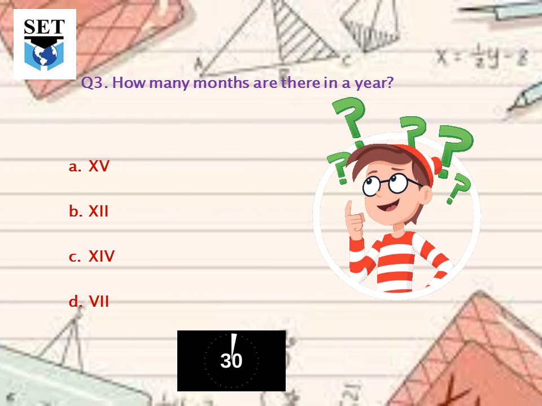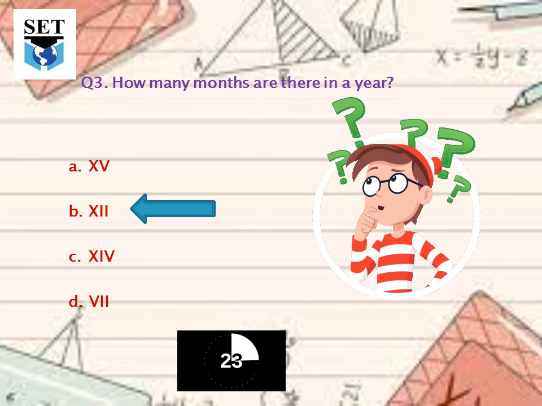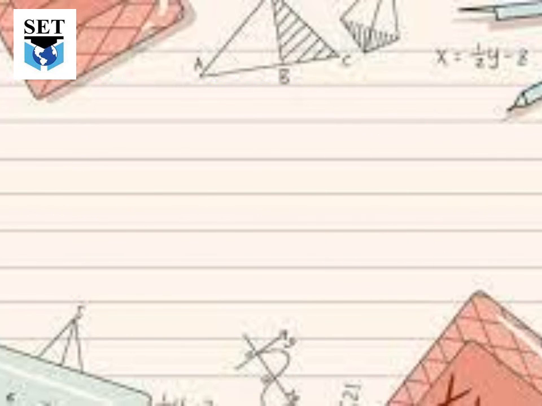All these options are given in Roman numerals, so you can easily find out how many months. Very good. There are 12 months in a year. Great job.